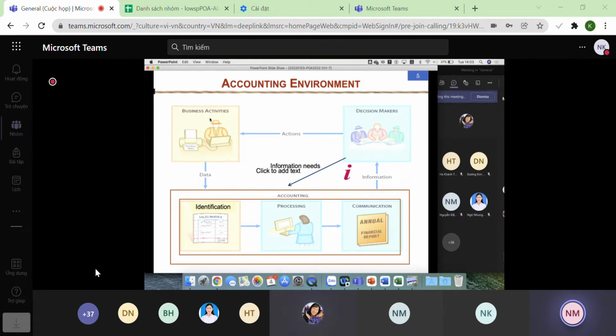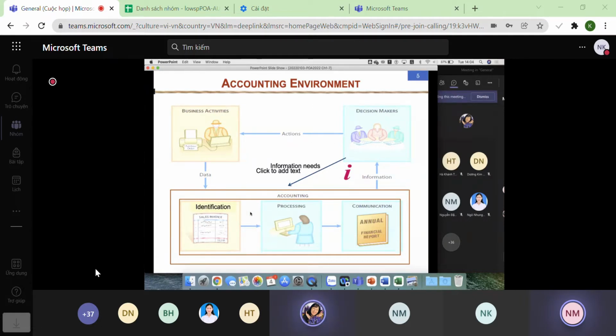And here is the accounting environment. In this slide, we have 3 components, right? And the relationships among them can be described by 4 arrows.